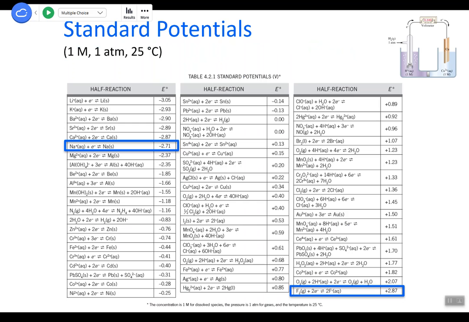I think it's helpful to look at this on the table. Here is fluorine at the bottom with a big positive value. On this table, it's most likely to be reduced. That means it's a strong oxidizing agent.